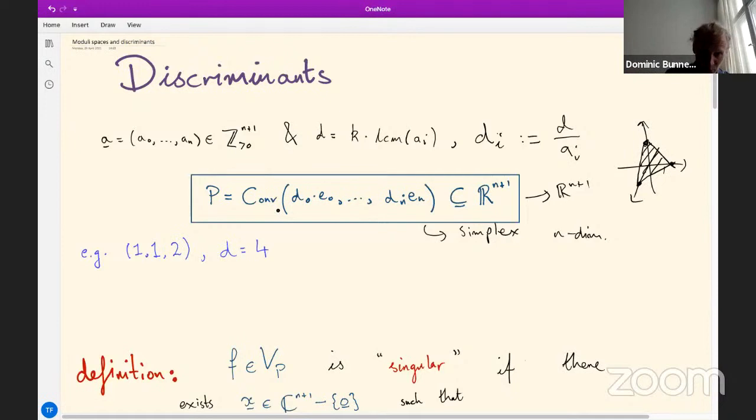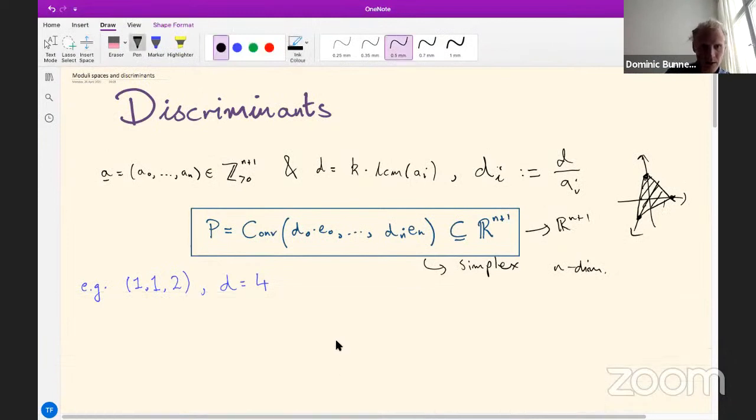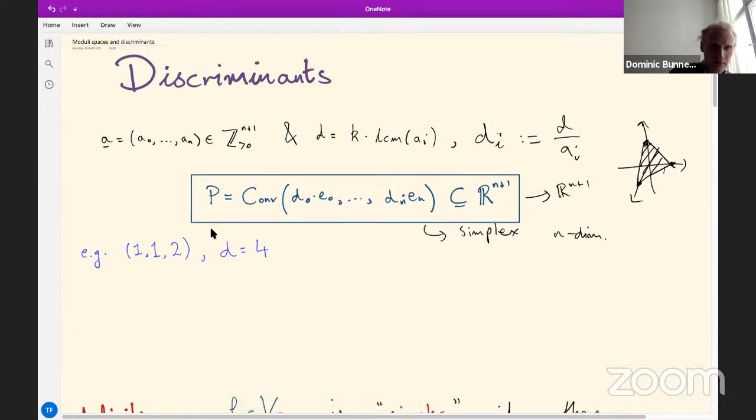To give another example, here, to give it the monomial understanding, this polytope here is going to be the convex hull of (4, 0, 0).